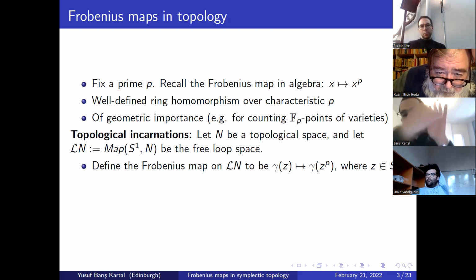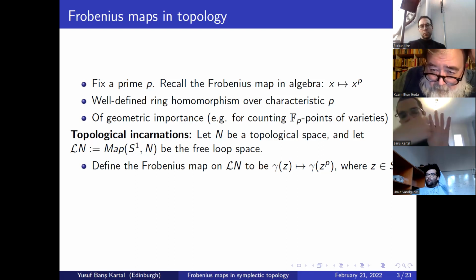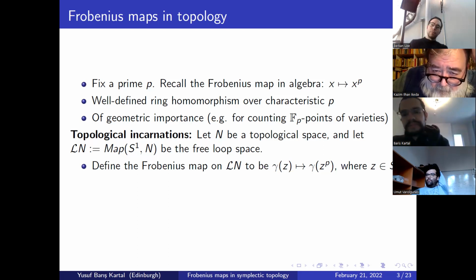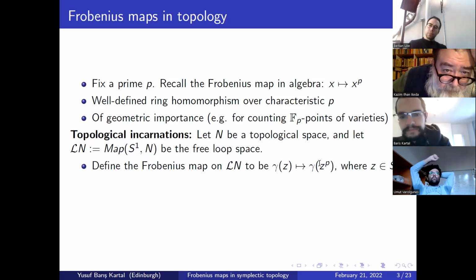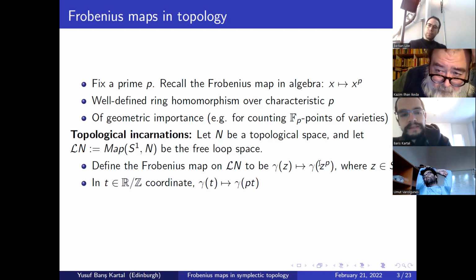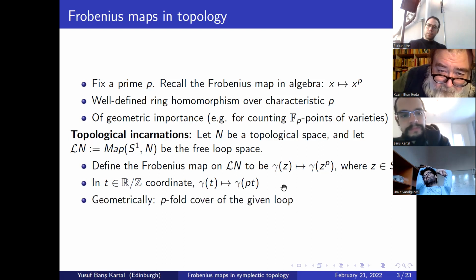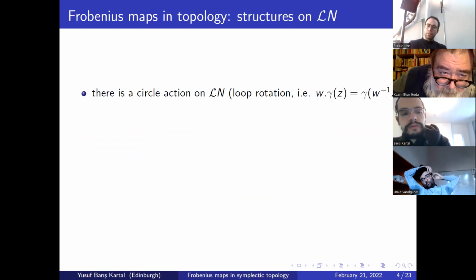Basically you take a loop and you trace it p times faster. In circle coordinates, it can be written like this: you replace gamma of z with gamma of z to the p. And in real coordinates, you can also describe it like this: you replace gamma of t with gamma of pt. Geometrically, as I mentioned, it's the p-fold covering of a given loop.